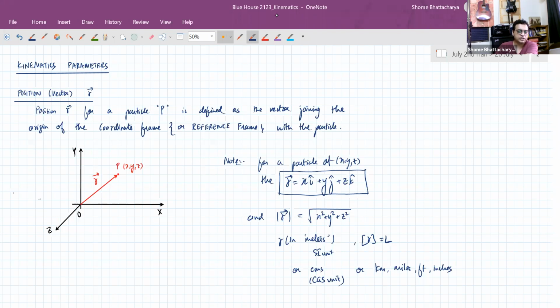If R is constant, it's not changing with time, then the state of kinematics for that particle is that it's at rest, it's not in motion. Whereas if it is changing with time, then we can say that it's not at rest, it's in motion.